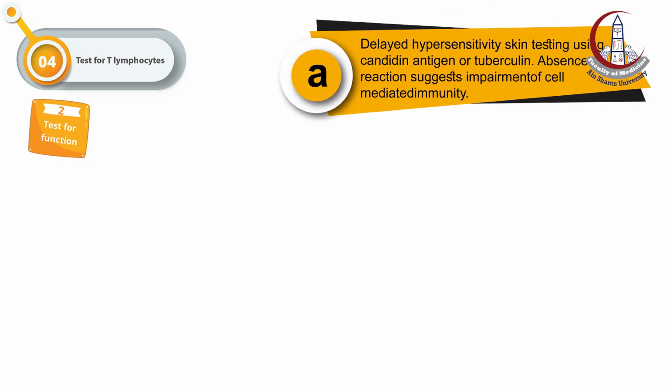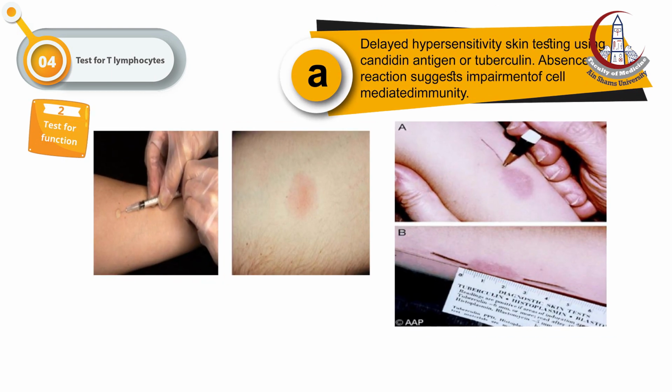So we test primarily by delayed hypersensitivity skin testing using candidin antigen or tuberculin antigen. These are intracellular antigens that necessitate the mounting of a cell-mediated immune response as opposed to a humoral immune response. The absence of reaction suggests impairment of cell-mediated immunity.